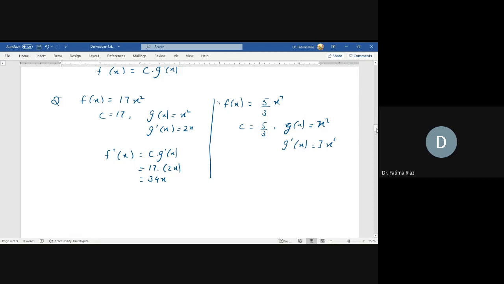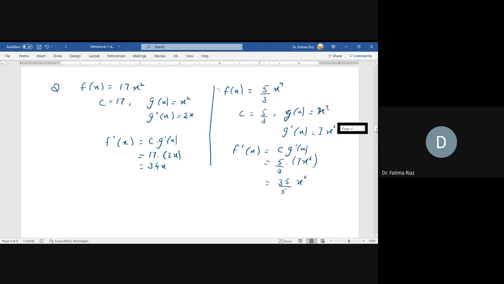So this one will be 7 x power 6. So f prime x, that is c g prime x, will become c is 5 over 3 and this one is 7 x power 6. So that will become 35 over 3 x power 6. So that will be my answer.